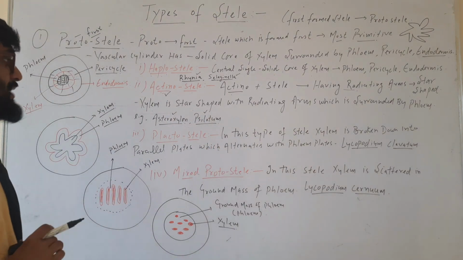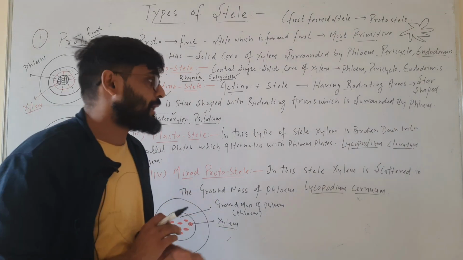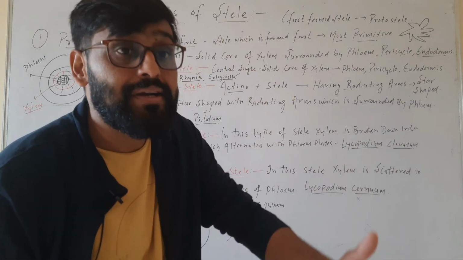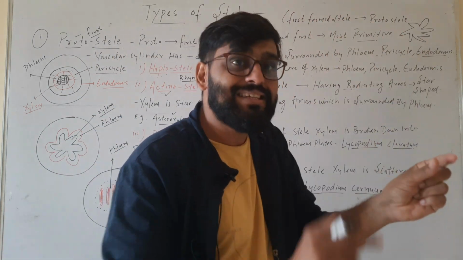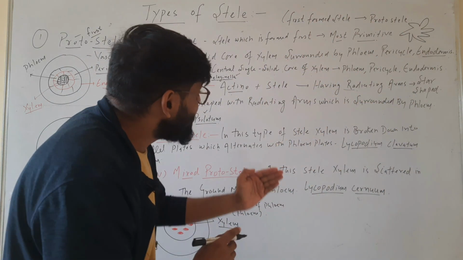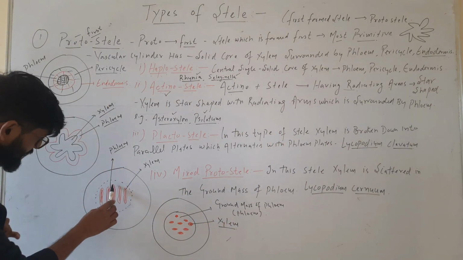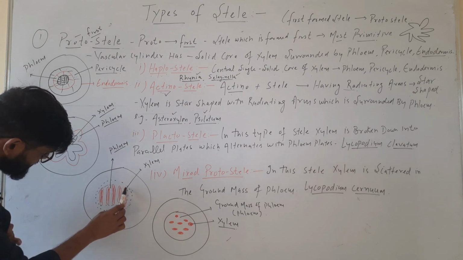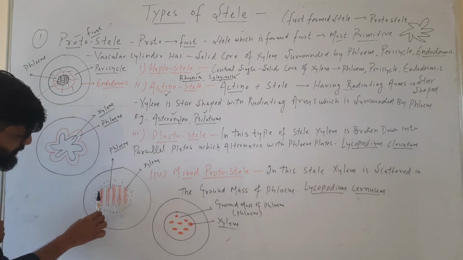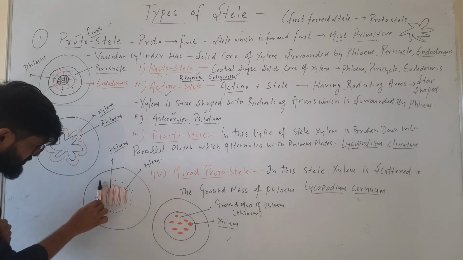Now coming to the next type, that is plectostele. In this type, the stele is broken down into parallel sheets, and parallel sheets of xylem alternate with phloem. In this diagram, you can see this was a complete stele, and it is broken down into sheets, or you can say plates.